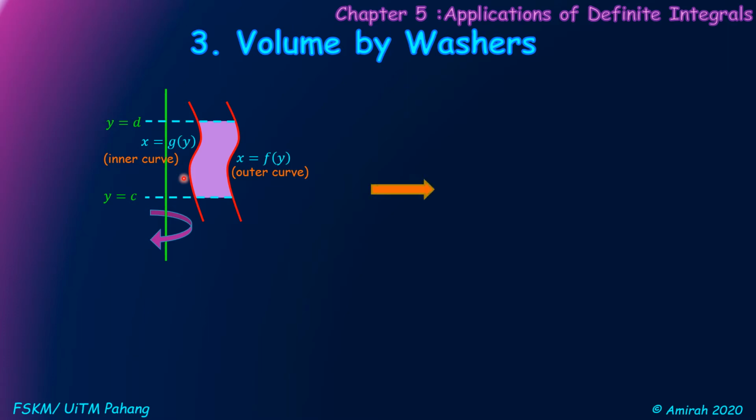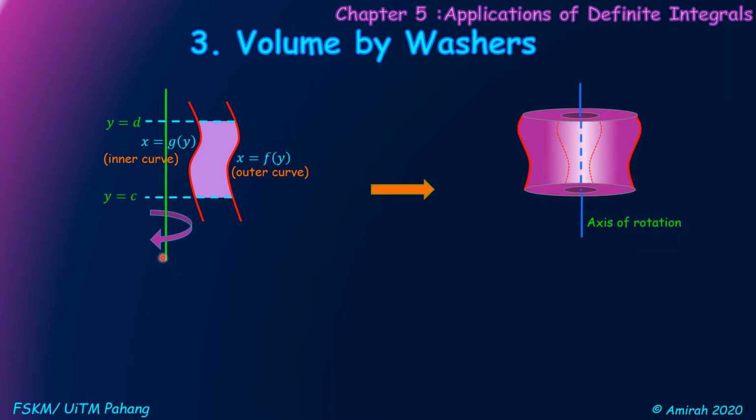After this shaded region is revolved about this vertical line, we will get this diagram. This is the axis of rotation.